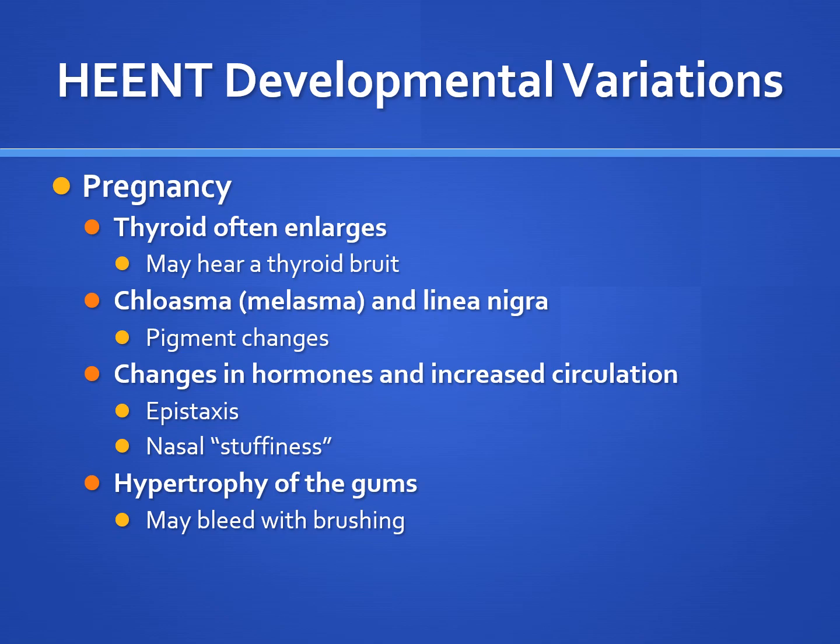It can look like a cold, but it's totally hormonal. Also, gum changes. Gums can become hypertrophied and more vascular, and so we can see swollen gums, bleeding with brushing. Patients that are pregnant have increased estrogen and progesterone, which leads to vascular changes.